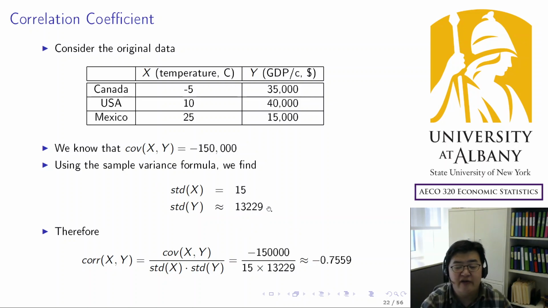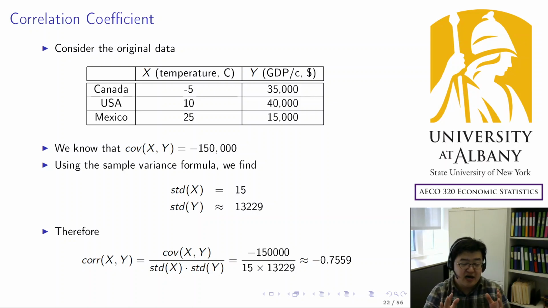So anyhow, if you use a calculator to calculate the correlation coefficient, what you're going to do here is the covariance is standardized by multiplication of those two standard deviations, right? 15, which is the standard deviation of x, and 13,000, which is the standard deviation of y. And then if you calculate them, it becomes minus 0.7559 something.